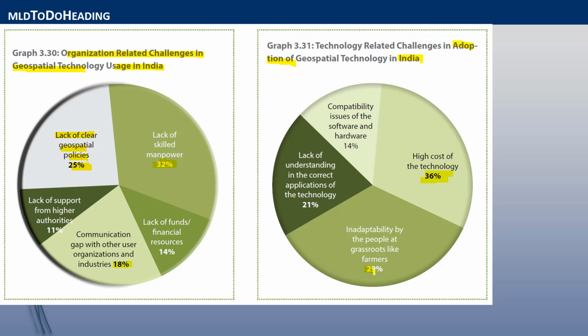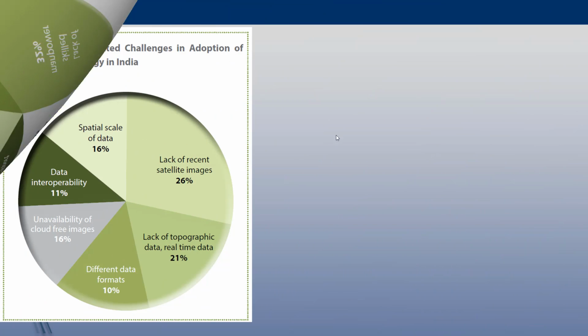The second challenge, as we discussed earlier, is inadaptability. People are not adapting to these new technologies because they are comfortable using their traditional methods of farming. The rest you can read yourself.